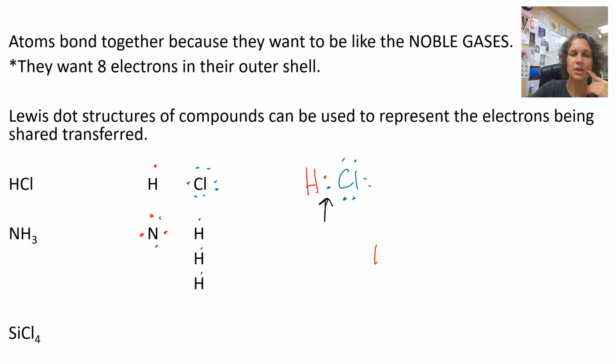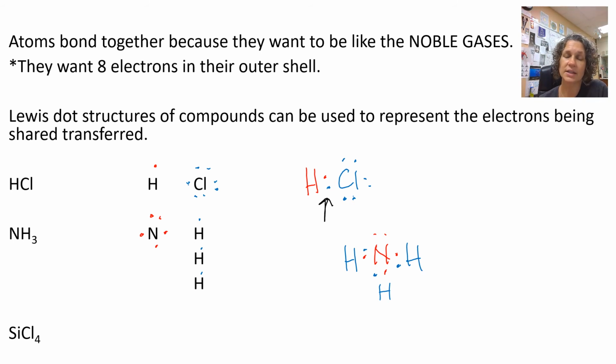So nitrogen will have its 5 dots, and then each hydrogen will fit in on a side and contribute an electron so that they will bond together.